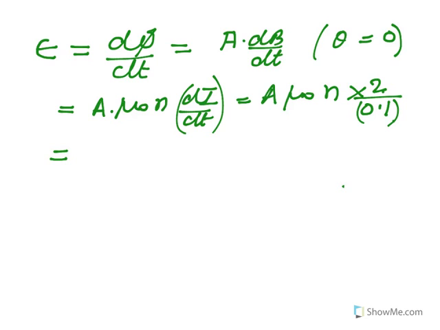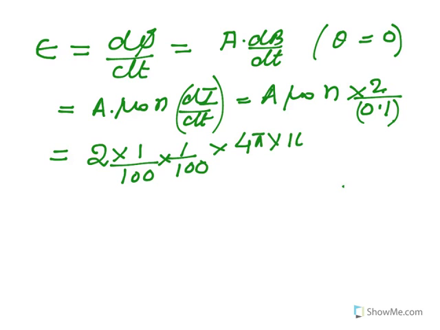What is the area? Area is given as 2 centimeters square. So 2 into 1 by 100, we are converting it into SI units, into mu naught, which can be given as 4 pi into 10 to the power minus 7, into N. N is the number of turns per meter.